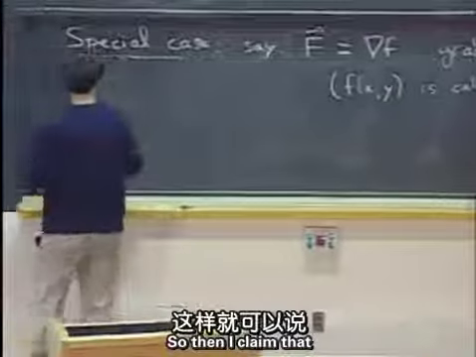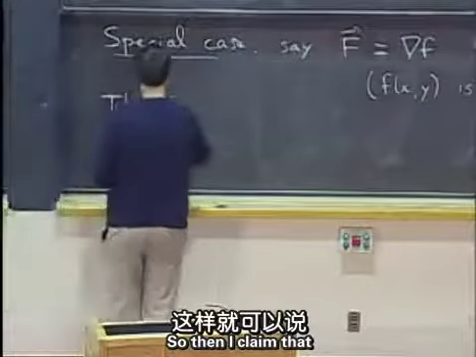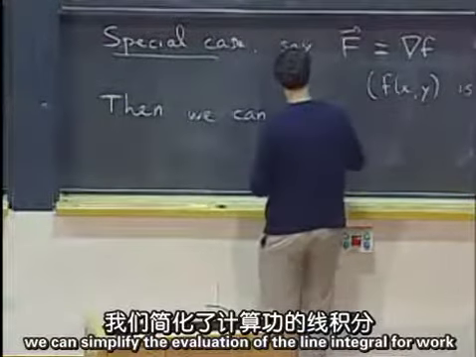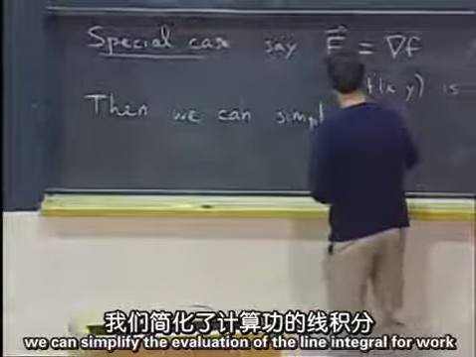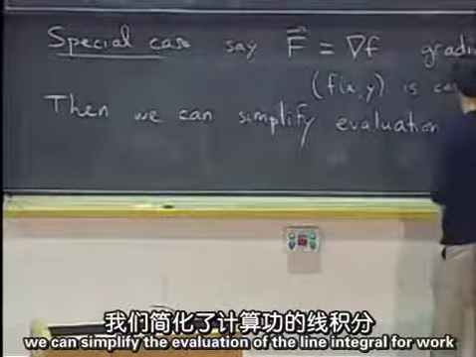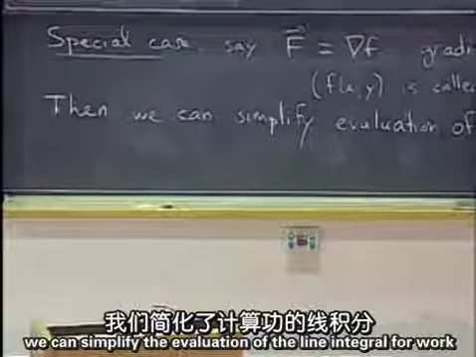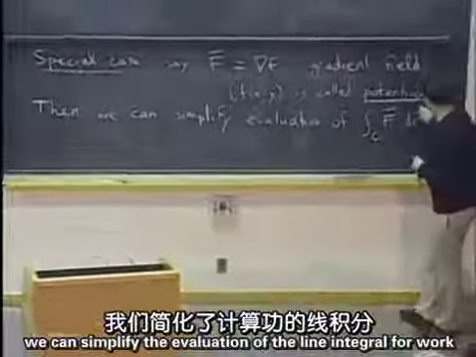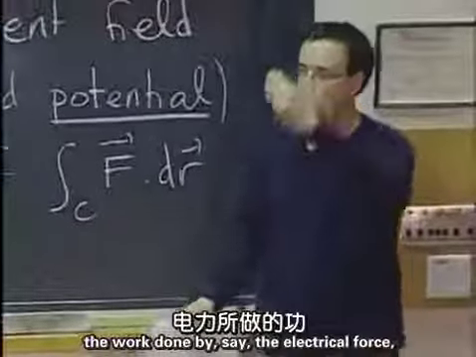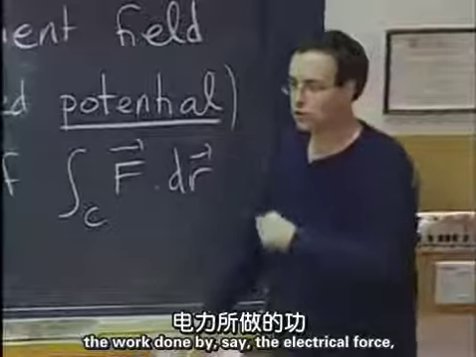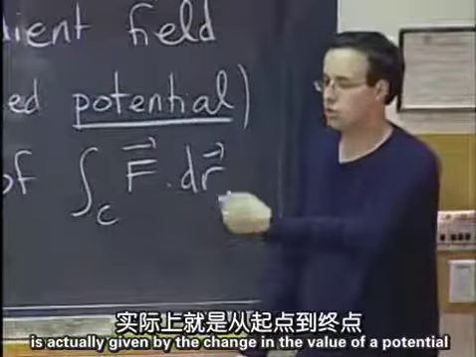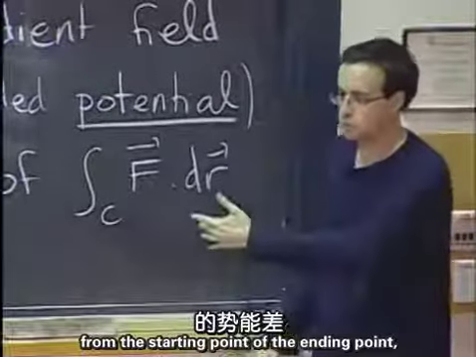Then I claim we can simplify the evaluation of the line integral for work. Perhaps you've seen in physics that the work done by, say, the electrical force is given by the change in value of the potential from the starting point to the ending point.